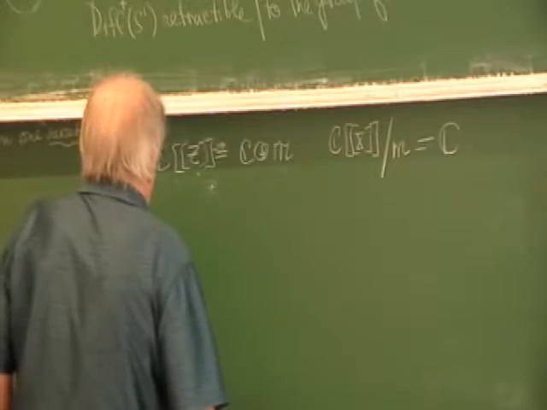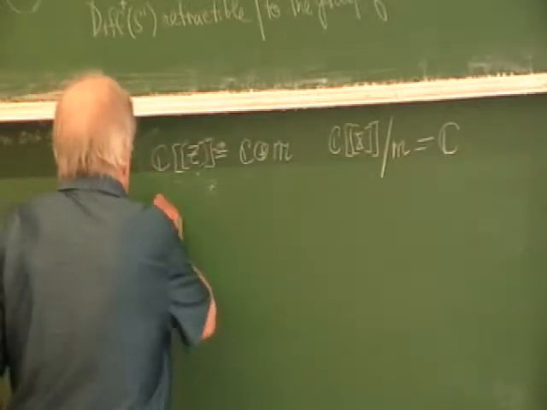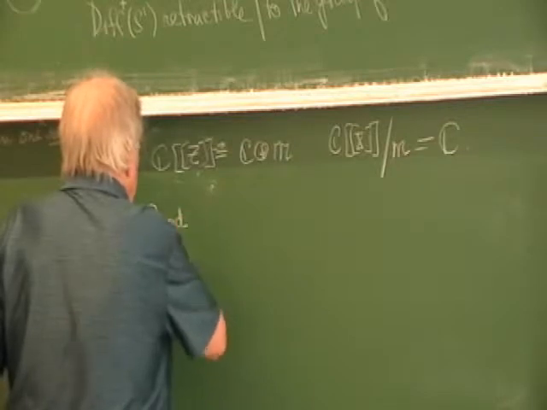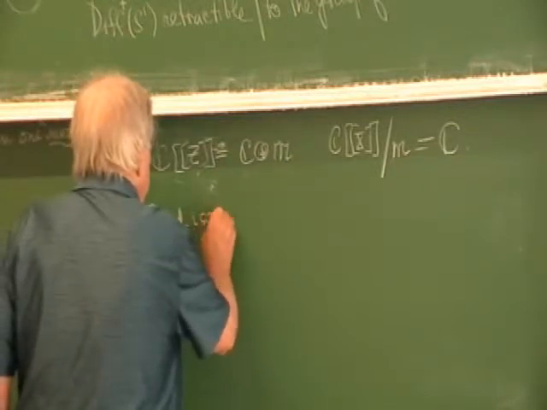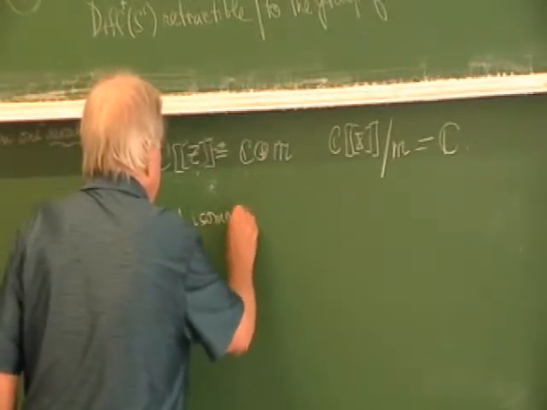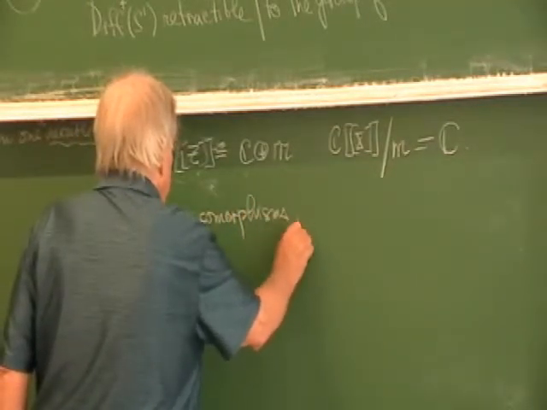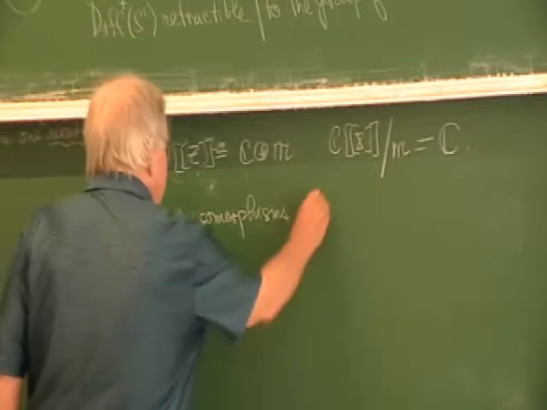Now, what would be the notion of good isomorphisms from the point of view of complex analysis?